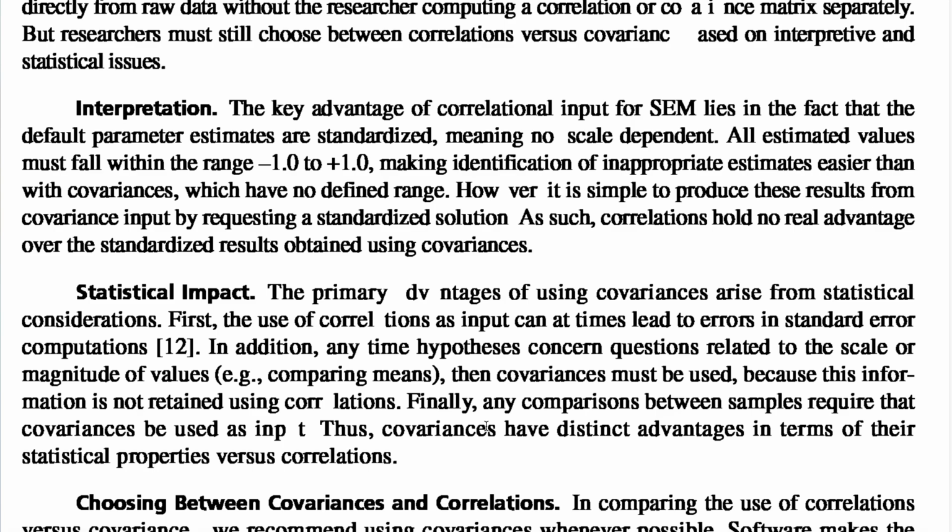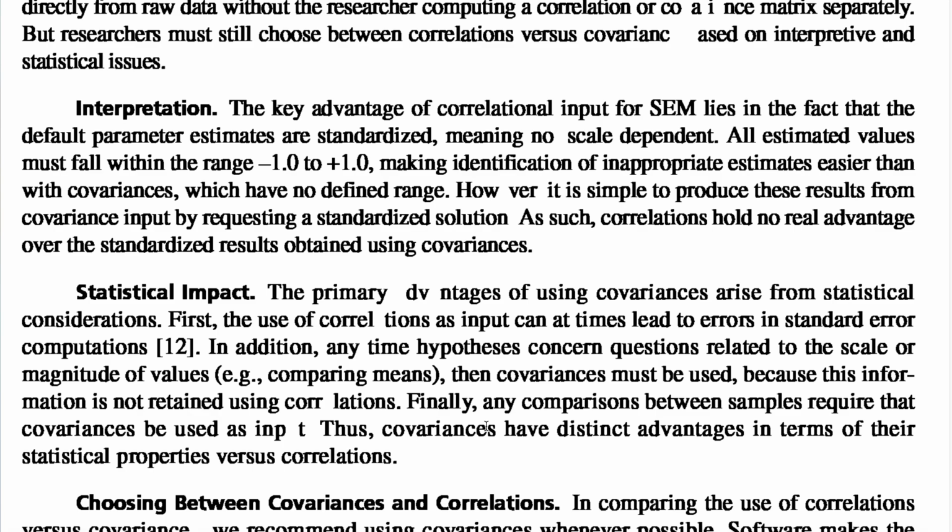Statistical impact. The primary advantage of using covariance arises from statistical considerations. First, the use of correlation as input can at times lead to errors in standard error computation.